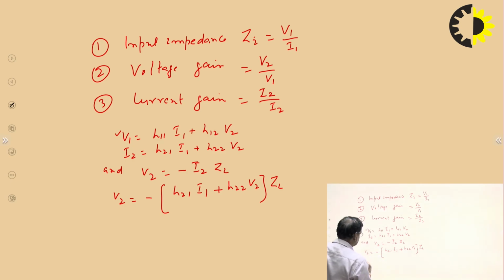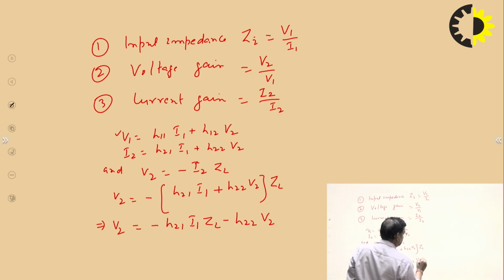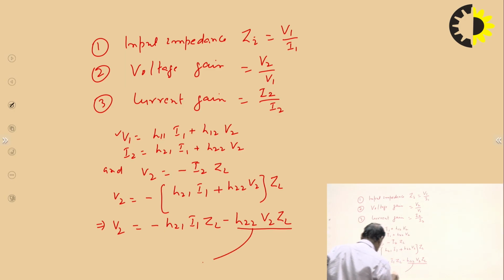Just expand this, so we can write minus H21 I1 ZL minus H22 V2 ZL. So we just take this to the other side.